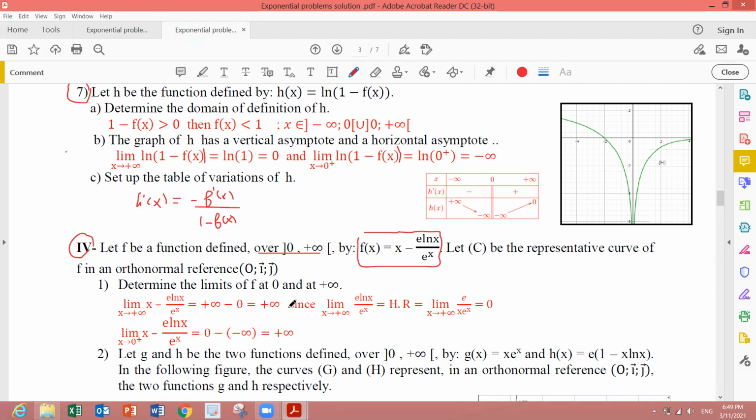It will become the limit as x tends to plus infinity of (1 minus 1 over x) over e to the x. The derivative of ln x is 1 over x, and e to the x is e to the x. As x tends to infinity, it is 0, so plus infinity minus 0 is plus infinity.